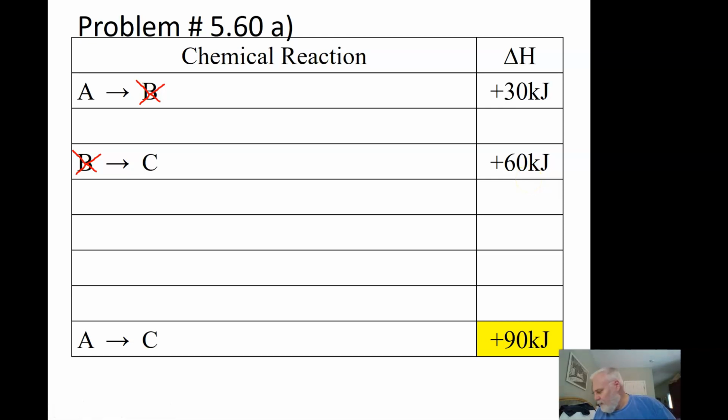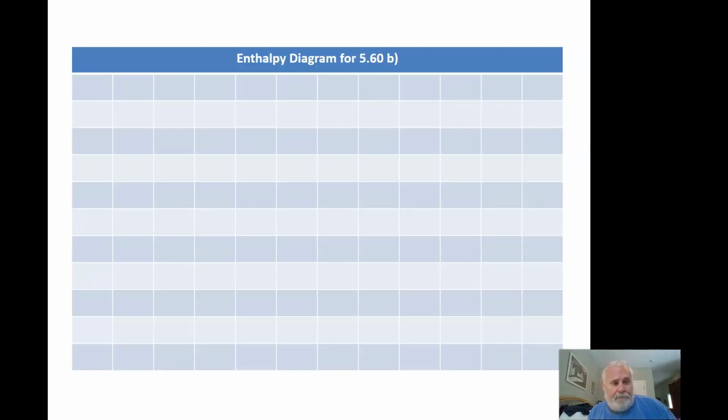Now, back to your book. It says B, construct an enthalpy diagram for substances A, B, and C and show how Hess's law applies. All right? So this is the next page on your packet. So you go to the enthalpy diagram for 5.6b.